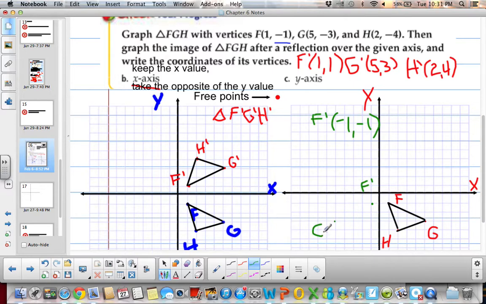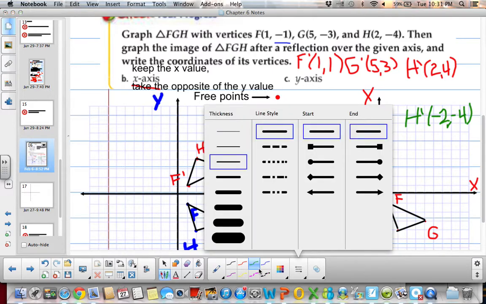Okay, so here's my G prime, and my G prime coordinate then is negative 5, negative 3. And then H would be negative 2, and then down 4. 1, 2, 3, 4. And then H prime is negative 2, negative 4.